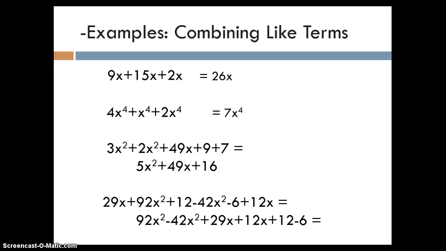Put them all together, group them, and then add them that way so that you can have an easier view. Now, can any brave soul give me the answers to this? 50x squared plus 41x plus 6.